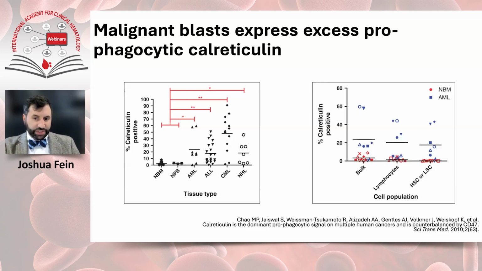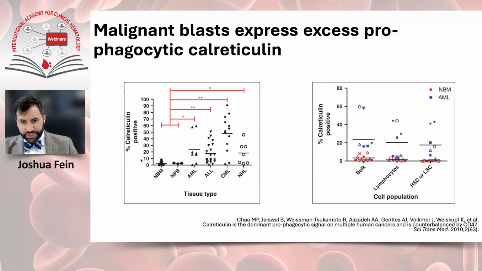But in this context, we should think of it more in its traditional setting as a damage-associated molecular pattern, DAMP. And so the surface expression of calreticulin actually is a danger signal to the immune system.